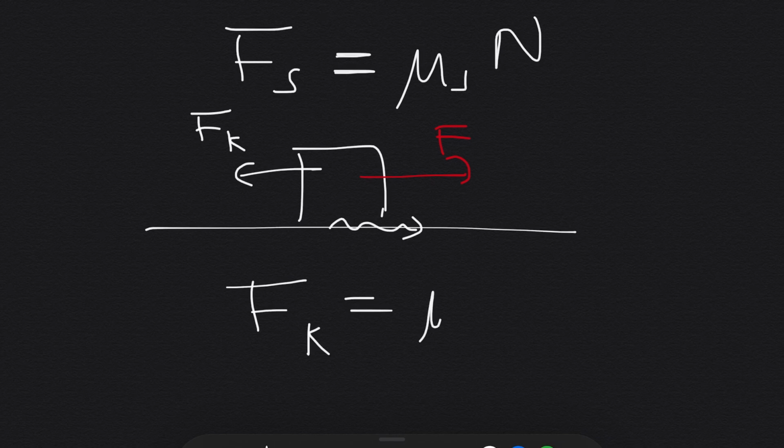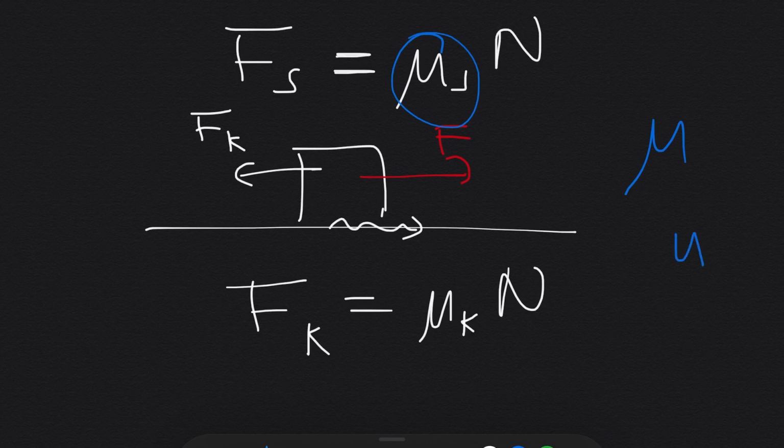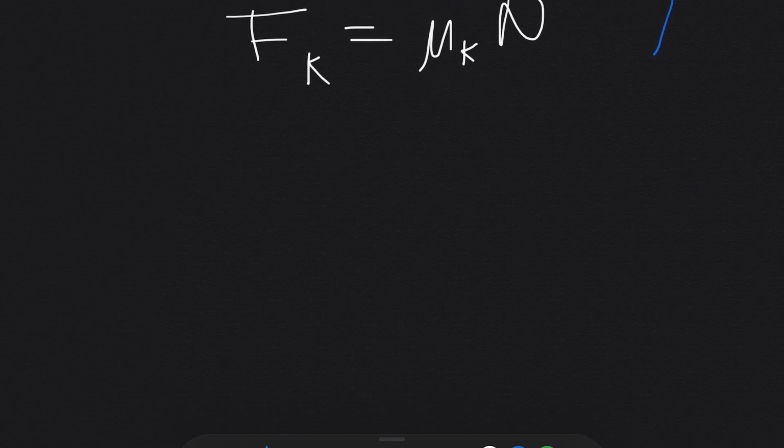And Fk uses the same formula as the static friction, but instead of having mu s, it uses mu k times N. So that's called the coefficient of kinetic friction. By the way, if you're confused about the symbol mu that I drew, mu is just a Greek symbol. It's just like a U that has a long side attached to it. So that's mu. So that's Fk.